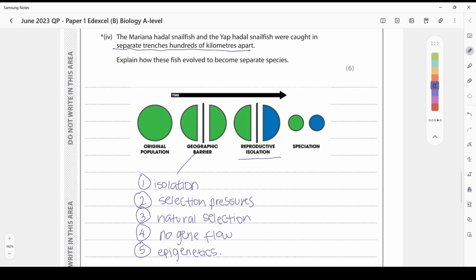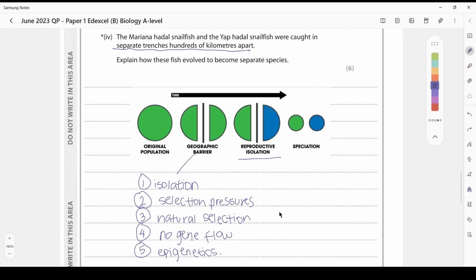I looked at the examiner report, and typically students don't mention epigenetics, and that is fine. You can still get the 6 marks by mentioning the first 4 points that we see here. So when you look at the marking scheme, we can see that in order for you to get 6 marks, you need to be able to properly explain 3 of the aspects plus 1 aspect and include a specific detail related to that. So that is how you would get the 6 marks.